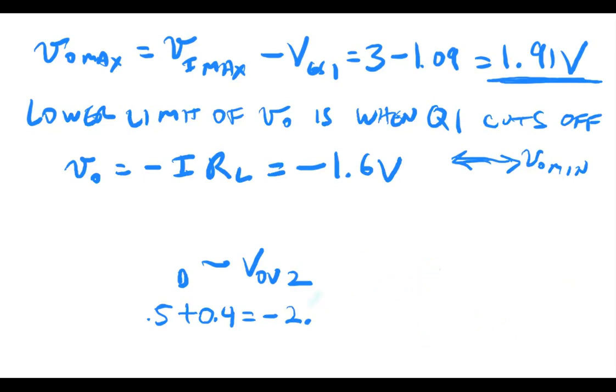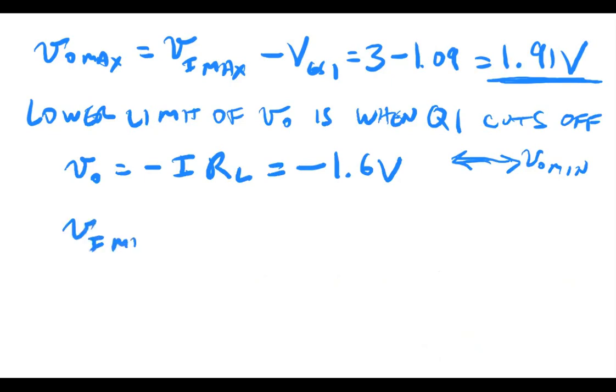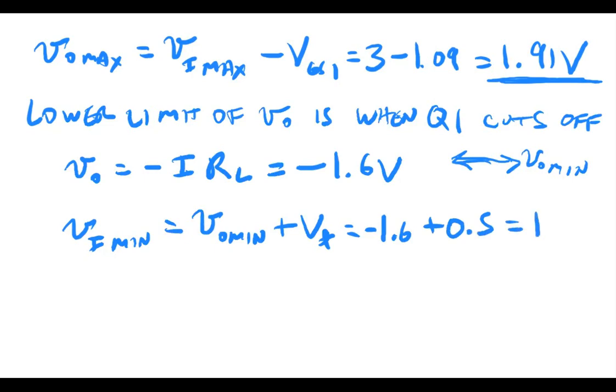So now that I have the VO min, I can calculate the corresponding input voltage for that VO min, and that's going to be VO min plus VT, which is minus 1.6 volts, or you have to really carry the unit, plus VT, which is going to be minus 1.1 volts.